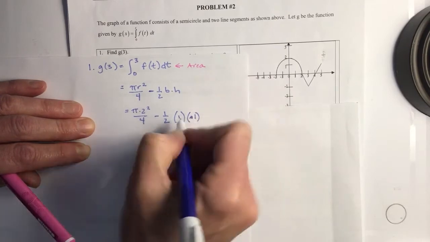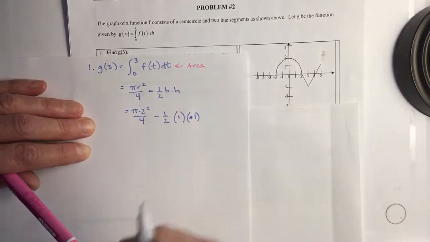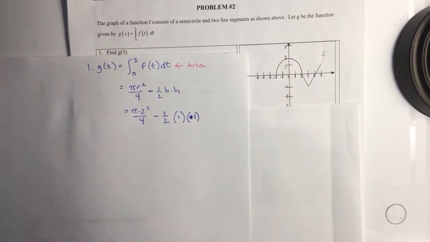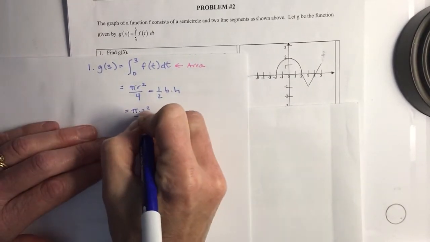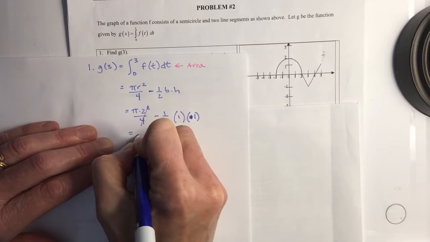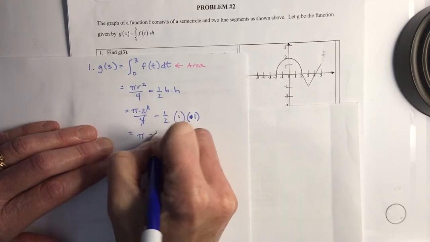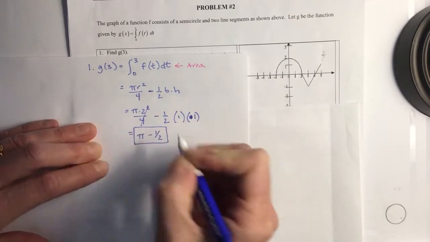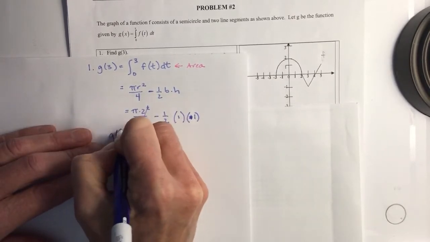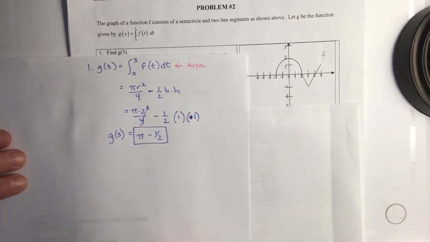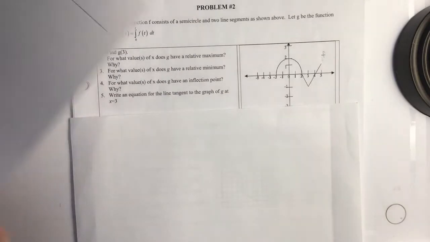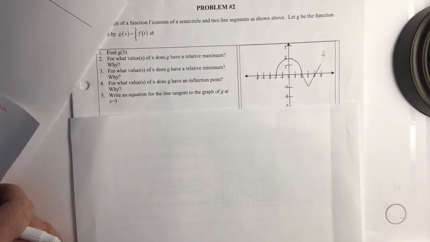But I already put the negative out here, so I don't want to double negative it there. That would be a big mistake. Okay, and so then we just get 4 divided by 4, well, that goes away, and we're just left with pi minus 1/2, and we can just keep it like that. I know it looks weird, but that's it. That's g of 3. All right, let's go ahead and fold that over, and now let's do the next part.